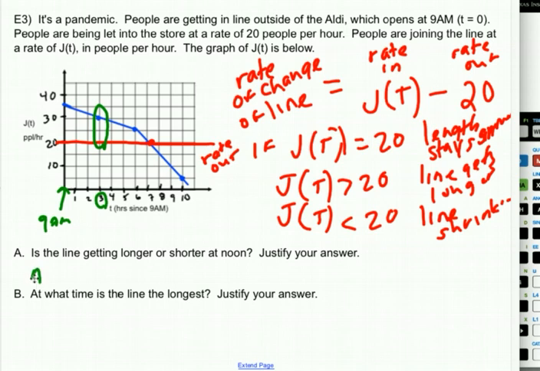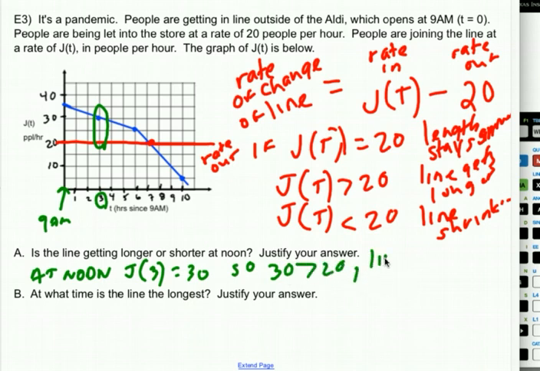So at noon, J of 3 is 30. Since 30 is greater than 20, the line's getting longer, because there are 30 people joining the line and only 20 people admitted into the store. So the line just got longer by 10 people in that instant, okay?